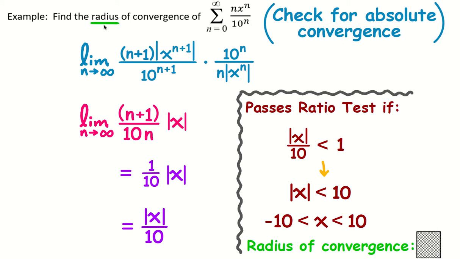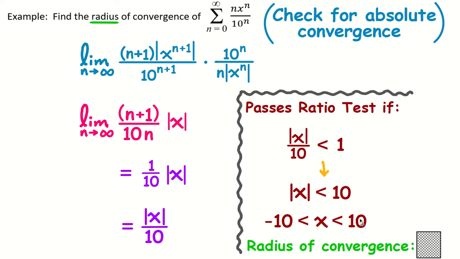Now, this was worded specifically as what's the radius of convergence. This is like the entire interval of convergence, right? The radius would be exactly what it sounds like. It would be like half of that. And so from negative 10 to 10, that's 20.